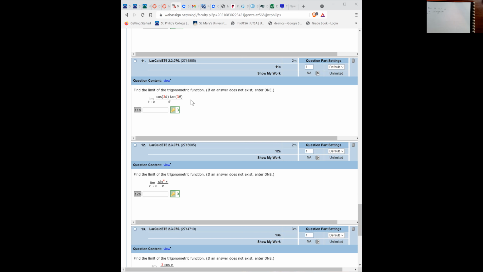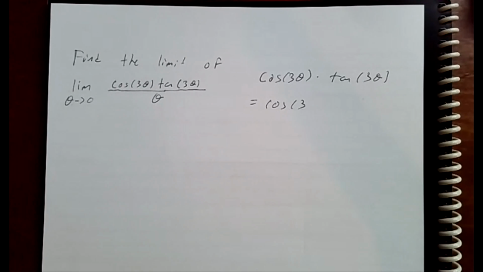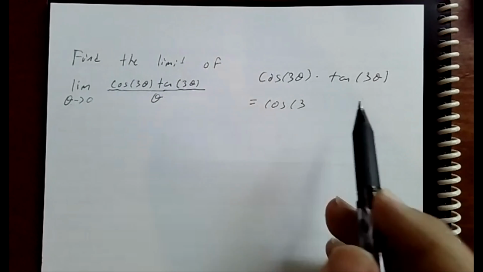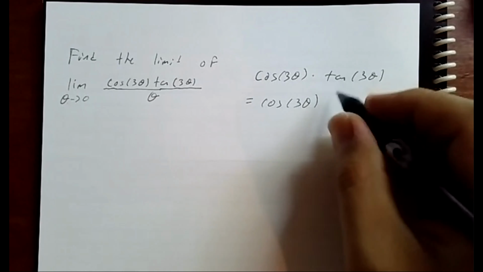Okay, so real quick, we'll just work with the top so we don't have to write so much. Cosine 3 theta times tangent, which will be our scratch work. I'm just going to write this numerator on the side, simplify the numerator, and then plug it in to save some space.